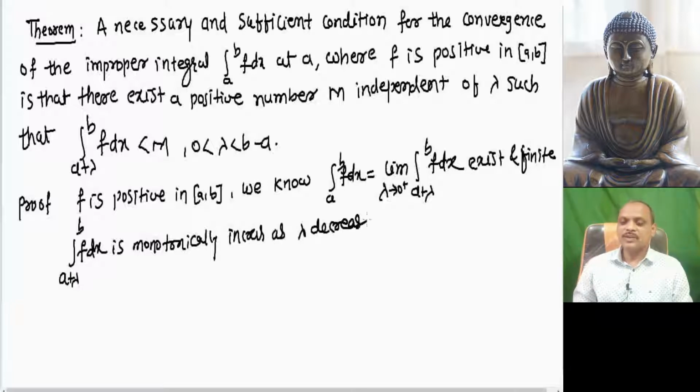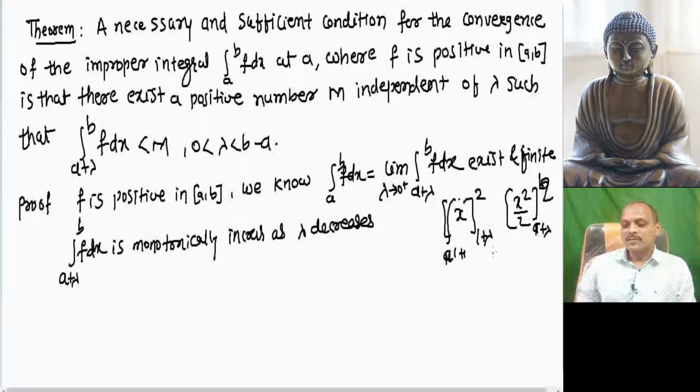For example, consider x squared, which is an increasing function. If we take the integral from 1 plus lambda to 2, then this will be x cubed divided by 3, or in the example as worked, x squared divided by 2 between the limits 1 plus lambda to 2. What will be the value?